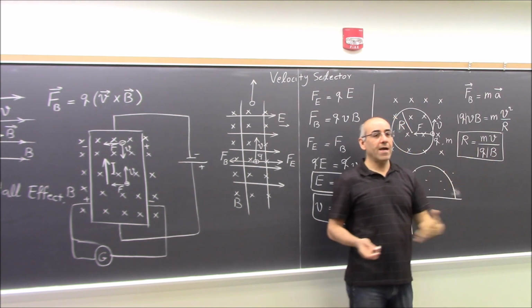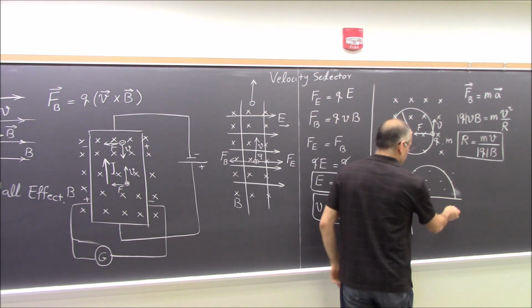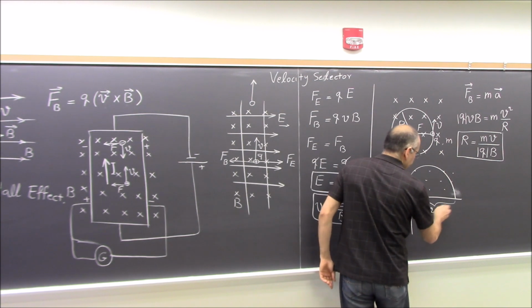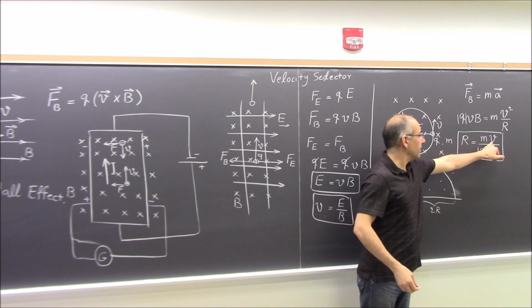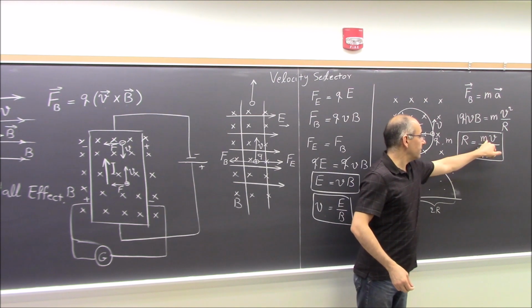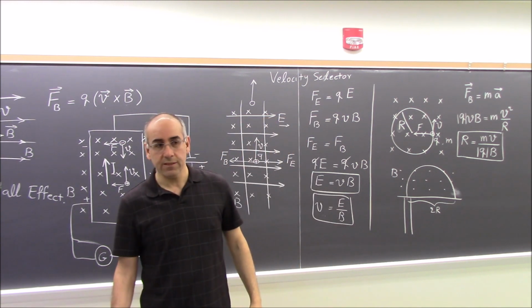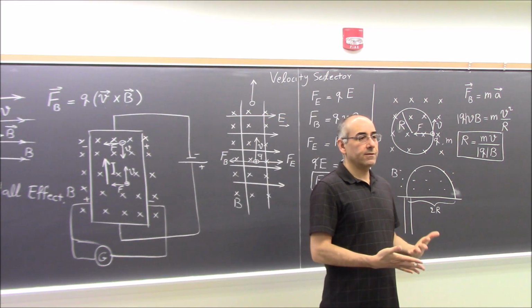That's how they do mass spectroscopy. They find mass based on this R. So this is 2R. When they detect that, they measure the 2R, find R, and from all of these others that are known, we can find the mass. That's how they know, for example, the mass of different isotopes of a certain material.